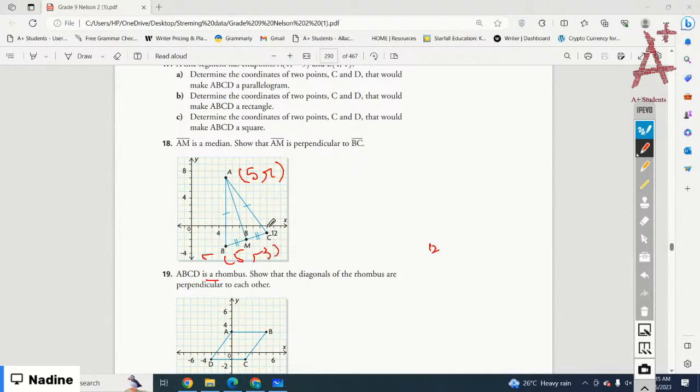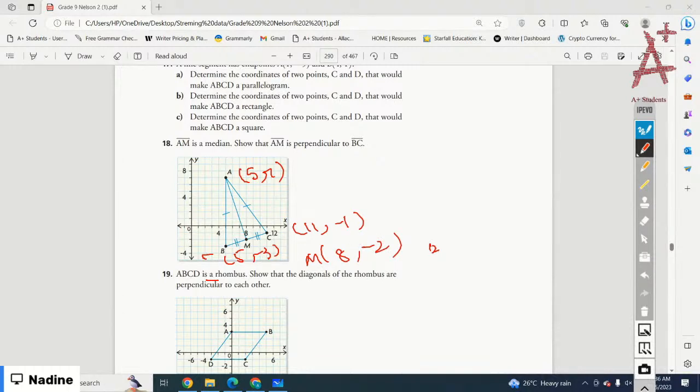And C is 11, negative 1, right? And the coordinates of M is 8 and negative 2. Okay, these are the vertices of A, B, and C, right?